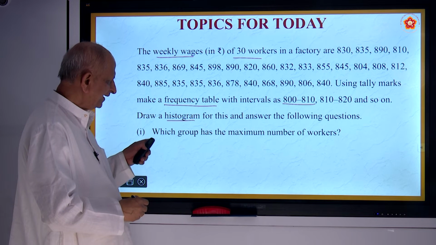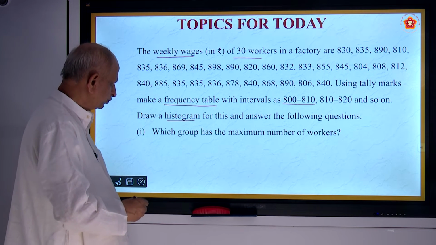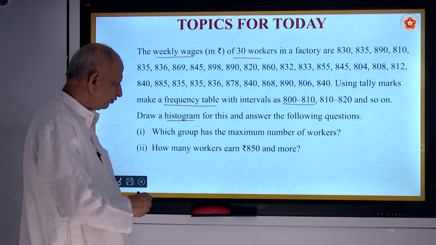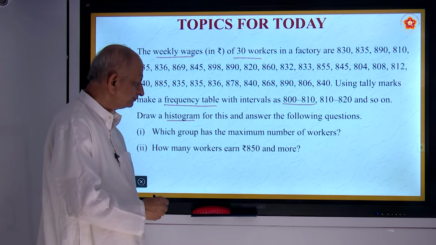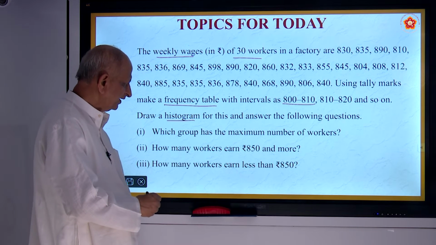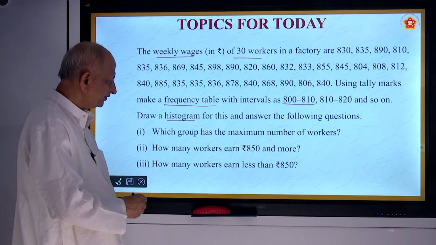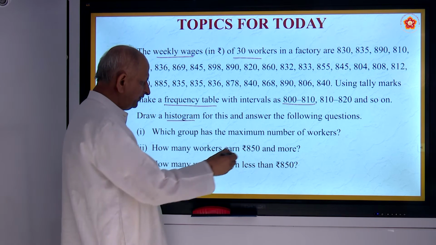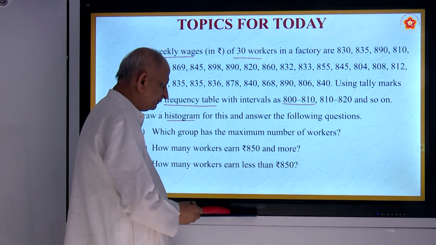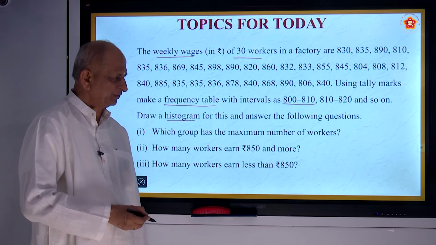Which group has the maximum number of workers? That you must tell. Group means class interval. Also you must tell how many workers earn rupees 850 and more, and how many workers earn less than 850. So these are the three questions you have to answer. Less than 850, how many? 850 and more, how many? And which has the maximum number of workers? These are the questions to be answered.